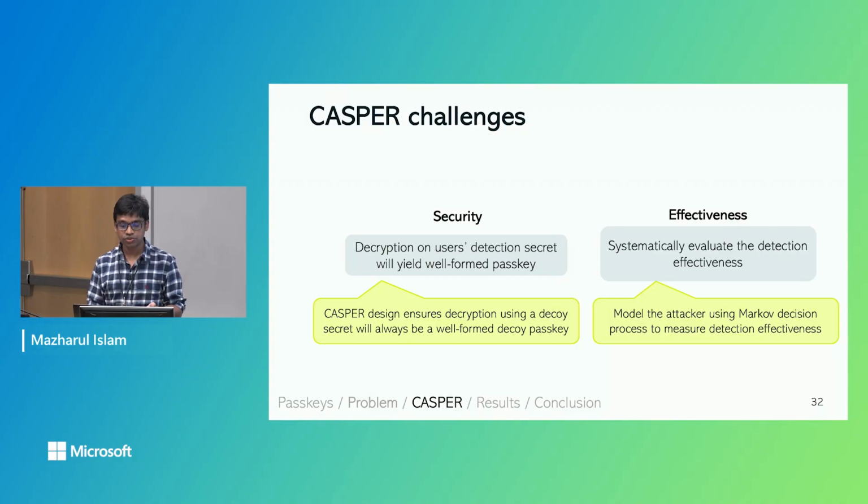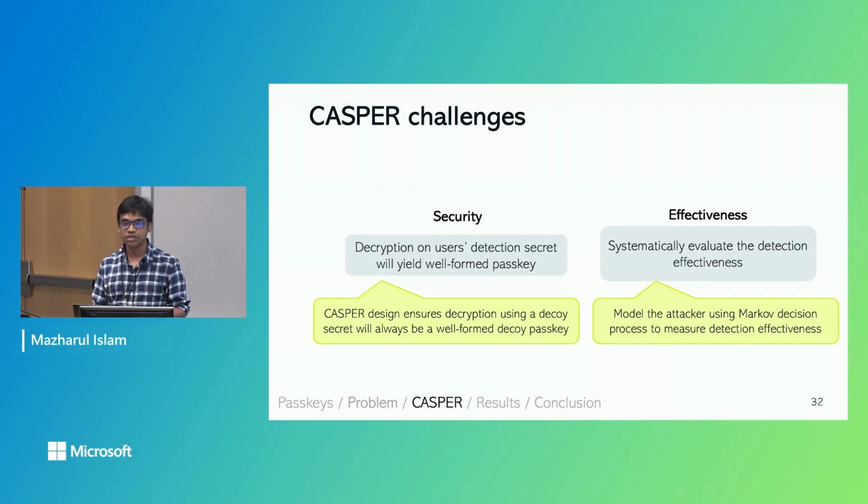So CASPER ensures, with high probability, for the signature schemes that are supported by FIDO2, that decryption using a decoy secret will always output a real, well-formed passkey.